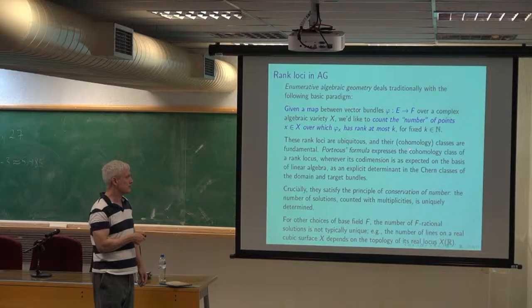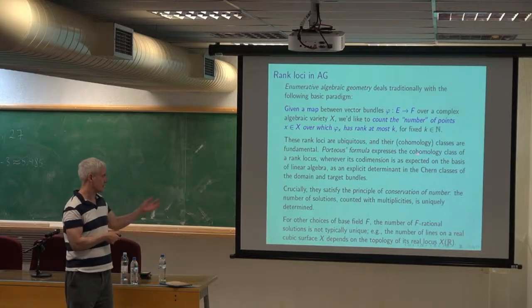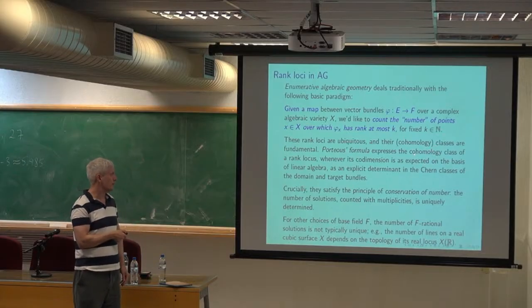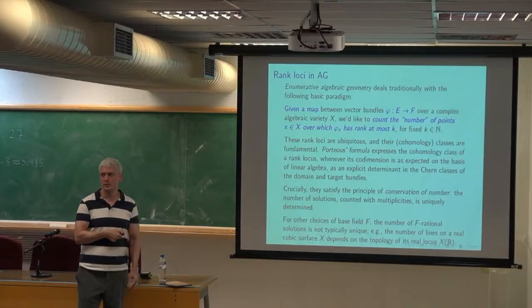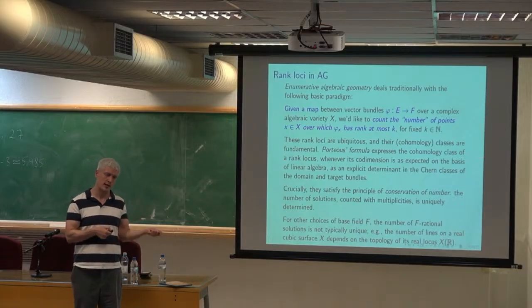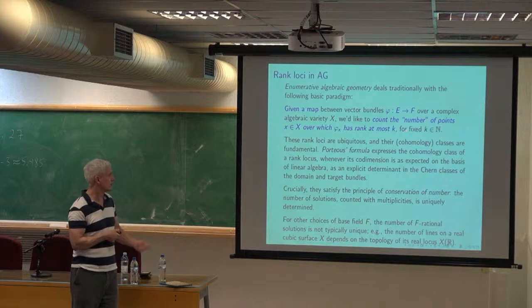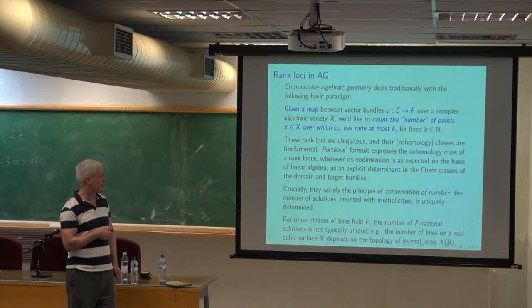The traditional way you would approach this problem might be using intersection theory, using cohomology classes. In intersection theory, we have a tool, namely Porteus's formula, that allows you to express the cohomology class of a rank locus for a map of bundles in terms of the Chern classes of the domain and the target bundles.